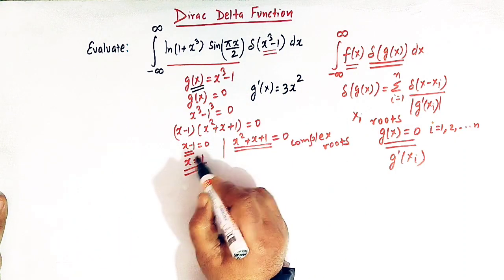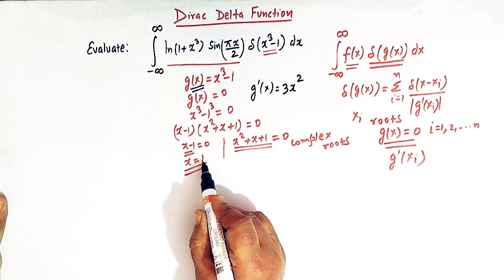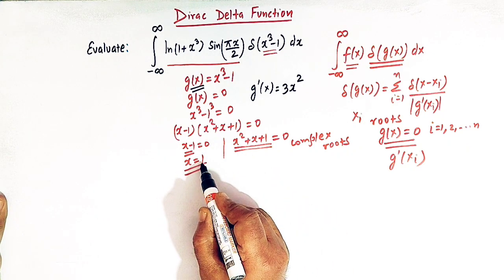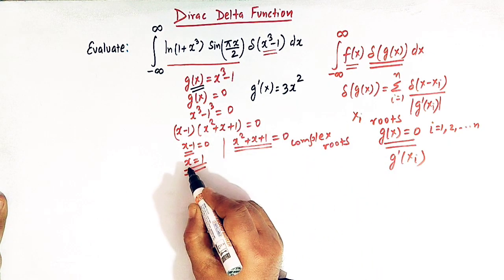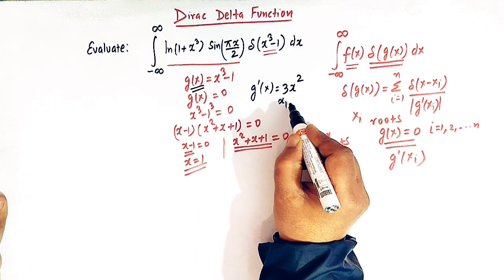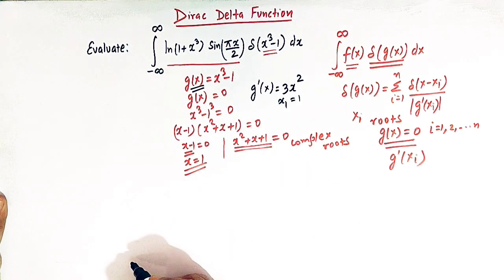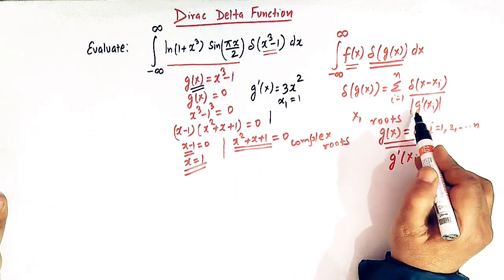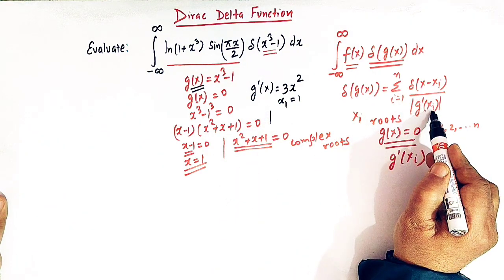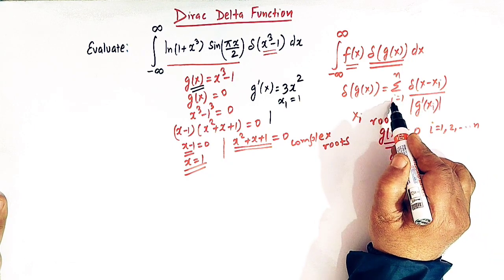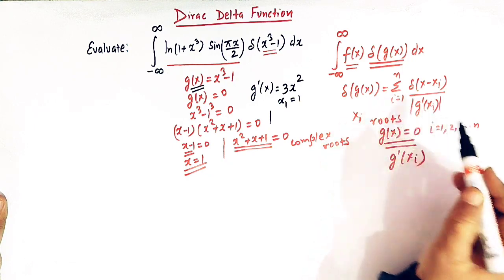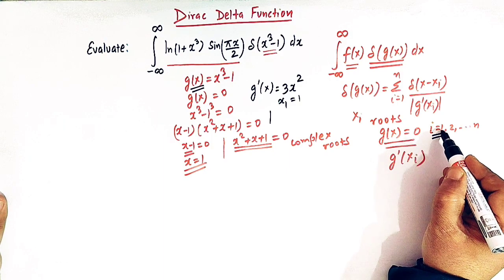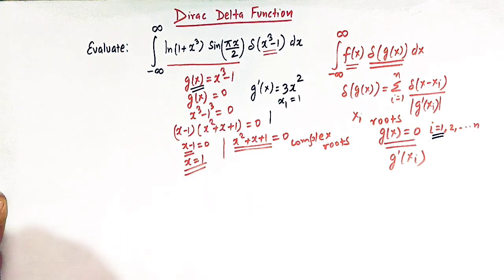Since we have only one root, x equal to 1, we can denote this root by x1, which is equal to 1. We'll find the absolute value of g prime of x1, because here i is equal to 1 only, since we have only one root.